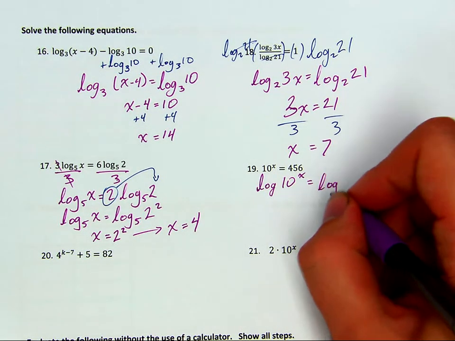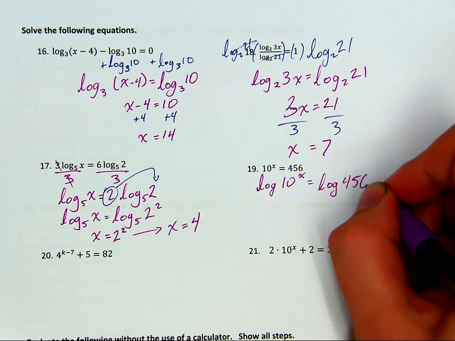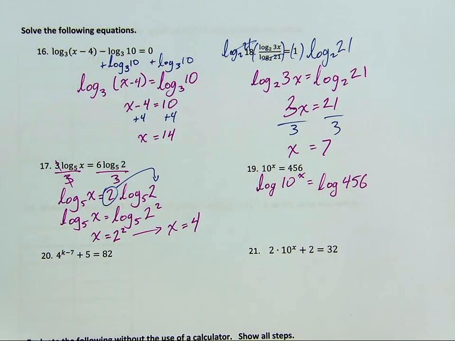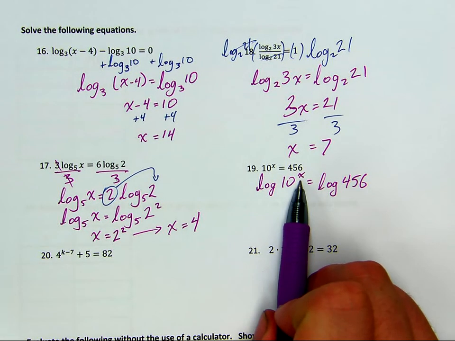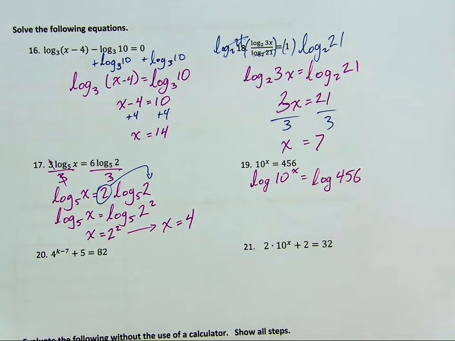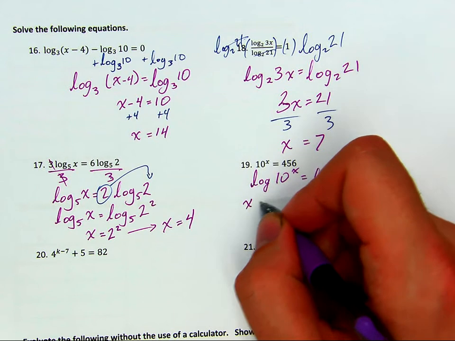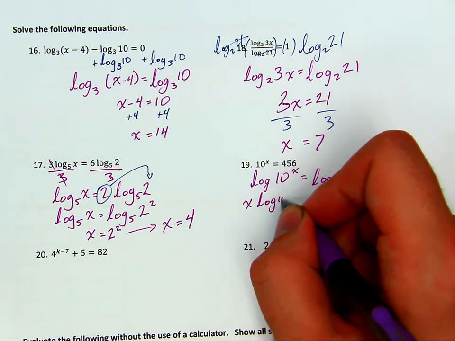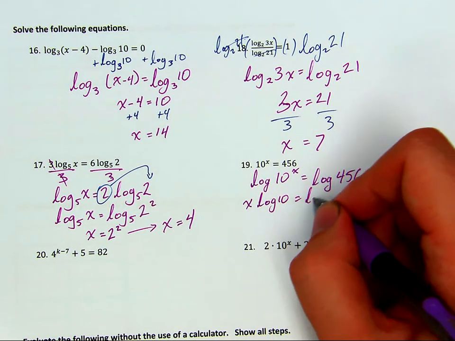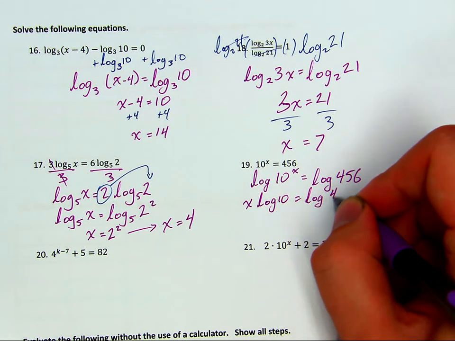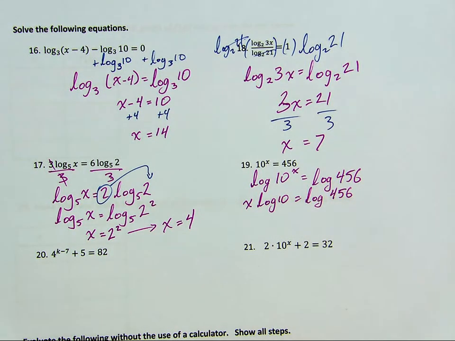Now we're still trying to solve for x. Notice that x is inside of the log as an exponent. We can use the power rule to take the x, move it into the front of the log. X times log of 10 equals log of 456. So at this point we have to get rid of that log of 10, so we're going to divide both sides by that.